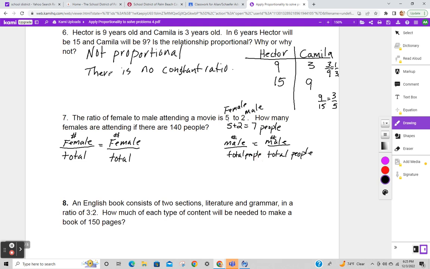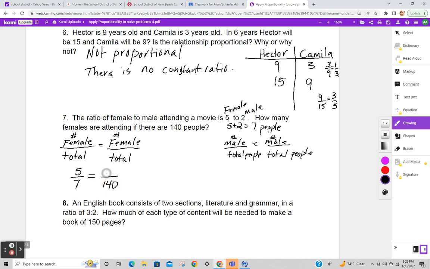All right, so let's go ahead and find out how many females there are among 140 given the ratio of 5 to 2. Well, there's 5 female out of a total of 7 people. 5 female, 2 male gives us a total of 7 people. If we have 7 people, 5 of them are female. Well, what if we have 140 people?